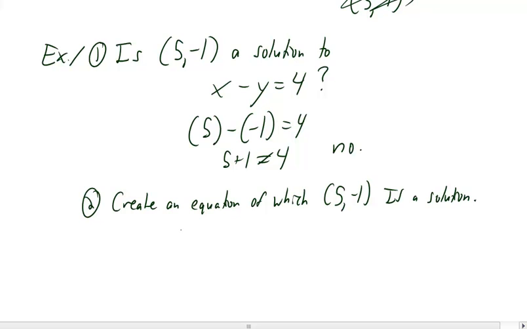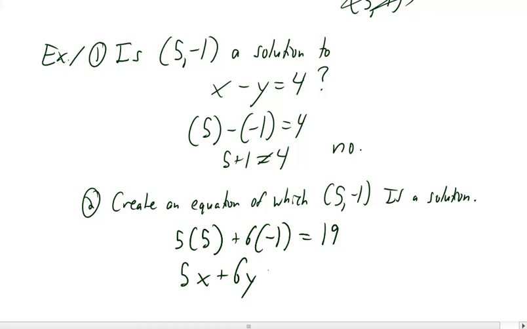Why don't we just say 5 times 5 plus 6 times -1, and then just figure out what that would be. 5 times 5 is 25, plus -6, 19. So we can say 5x plus 6y is equal to 19, and we know that 5, -1 is a possible solution of that.